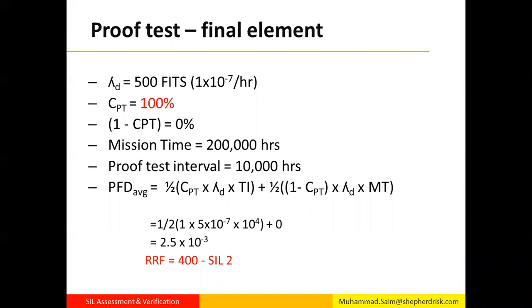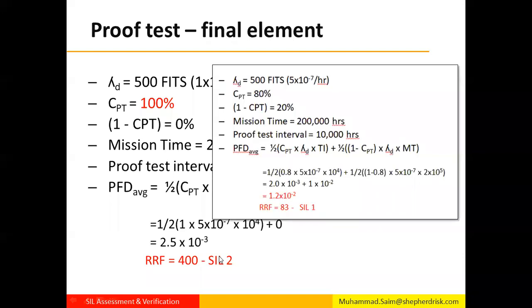Now, if we had a perfect proof test, that is 100% CPT, and every other parameter remains the same, then we could have obtained a risk reduction factor of 400, that is SIL 2, from the same hardware and same mission time, same proof test interval. So the difference between a proof test effectiveness of 80% versus 100% is around 5 times in terms of risk reduction.